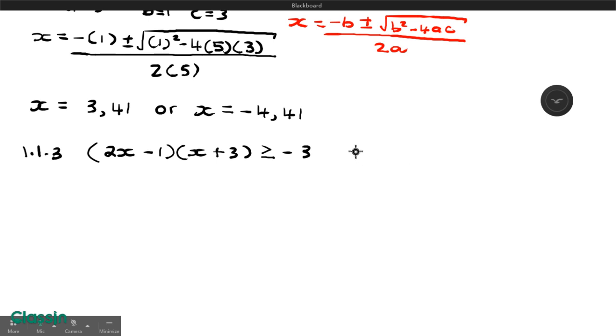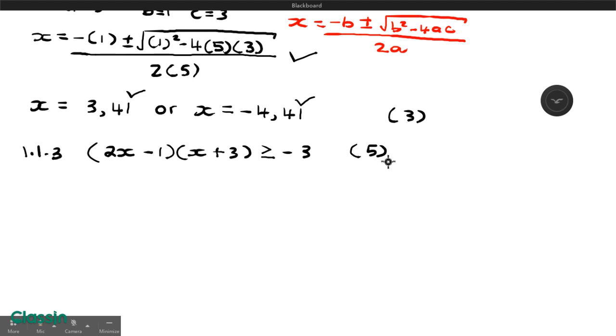And the number of marks here is 5. And the previous one, the marks were 3. So in most cases, when you come across a question that is 3 marks, it means it is your substitution, your first solution, and your second solution. But this one is 5 marks.